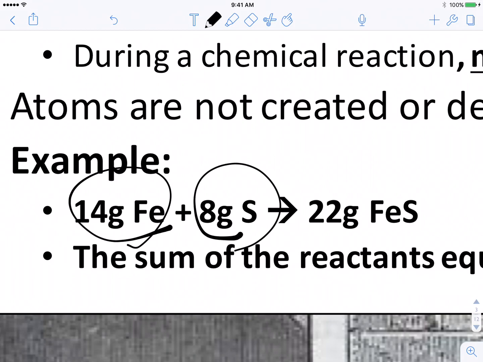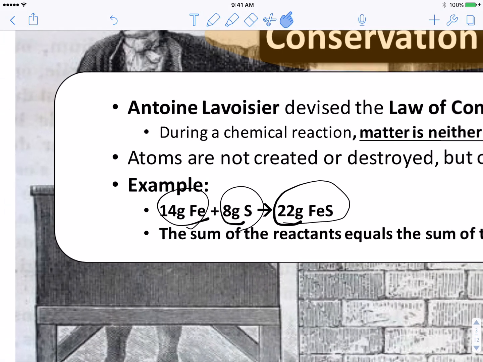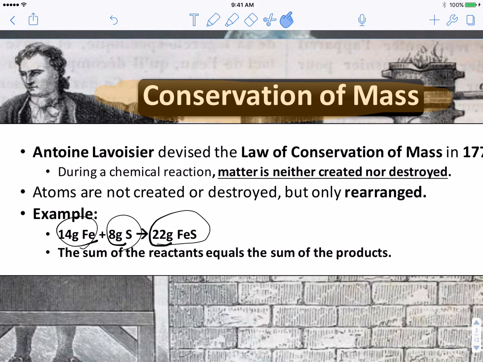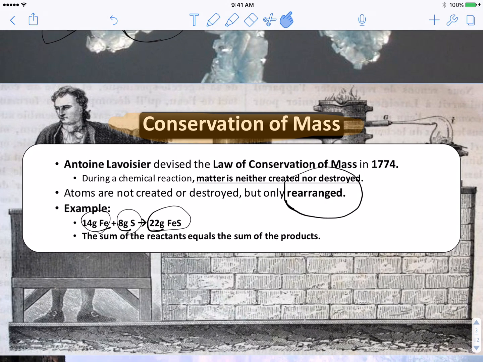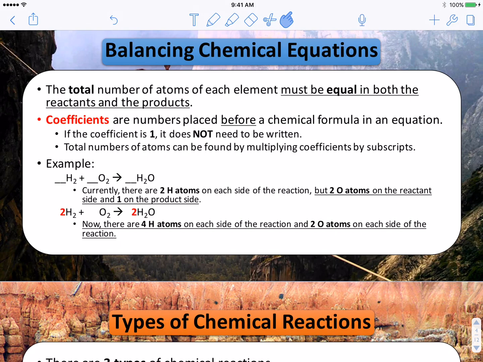Well, 14 plus 8 is equal to 22, so we have to have no more or less than 22 grams of iron sulfide made from this equation. Now this measures it in grams. What we're going to be doing is measuring atoms. But the theme here is that atoms aren't created or destroyed in chemical reactions. The bonds are only broken and rearranged between atoms in different combinations. So here's what we're going to do today.